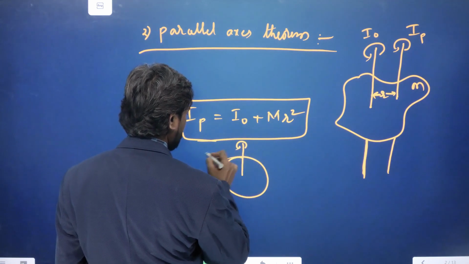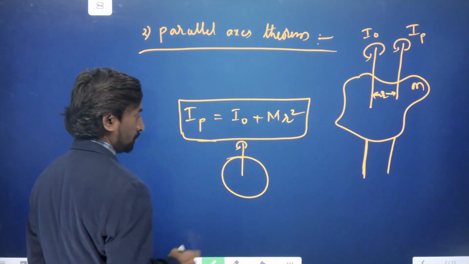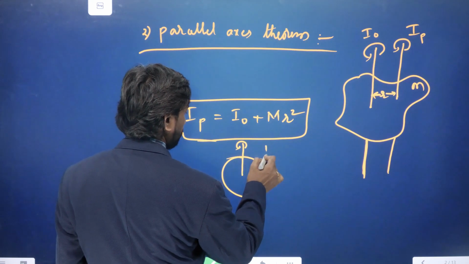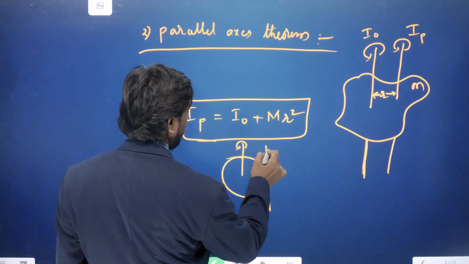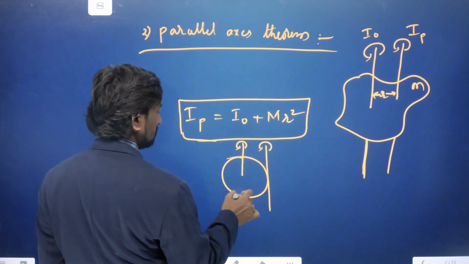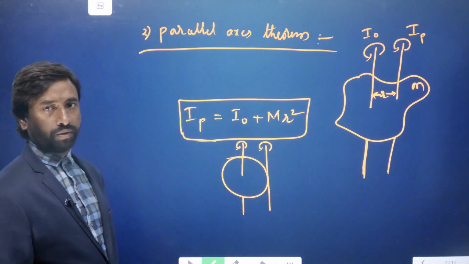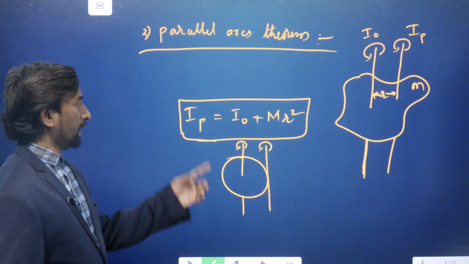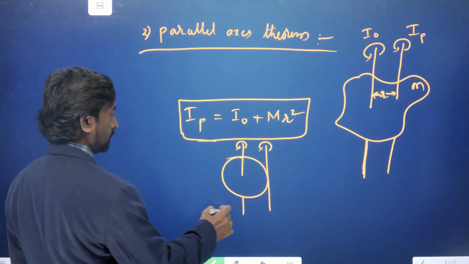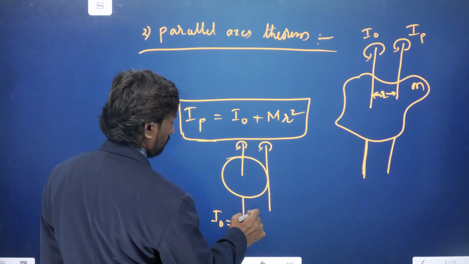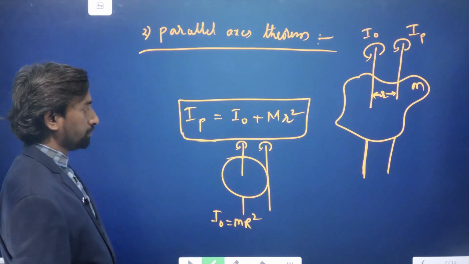The moment of inertia about the axis passing through its center and perpendicular to its plane, we got mr square. So for the axis parallel to this, we can use the parallel axis theorem.